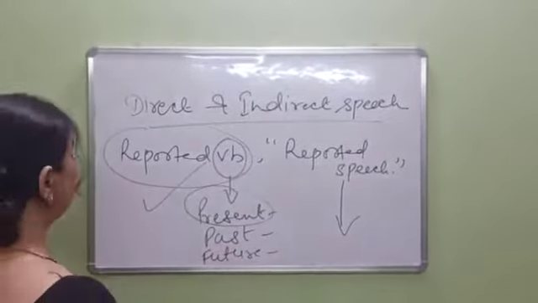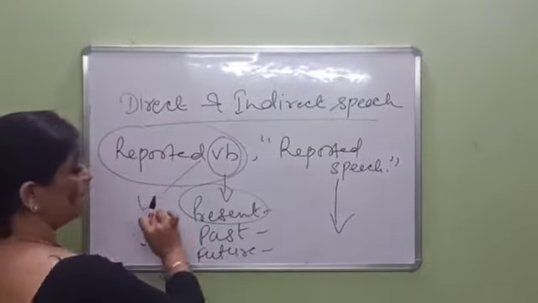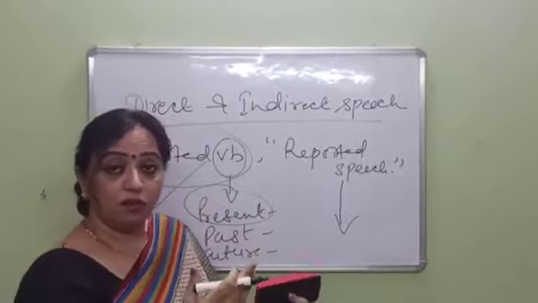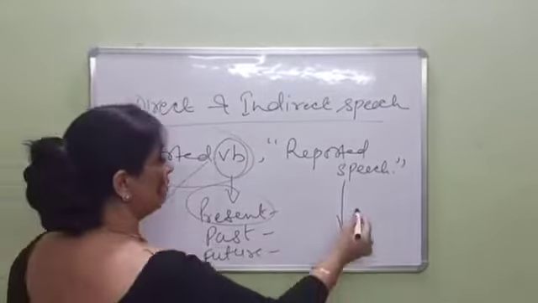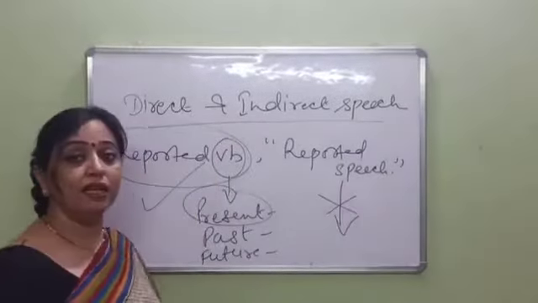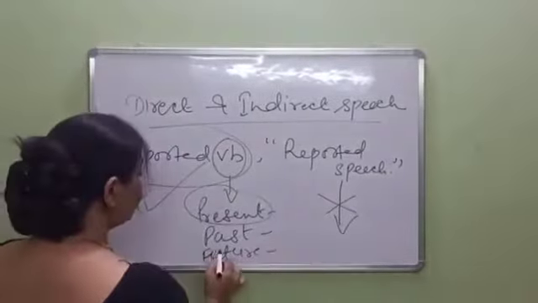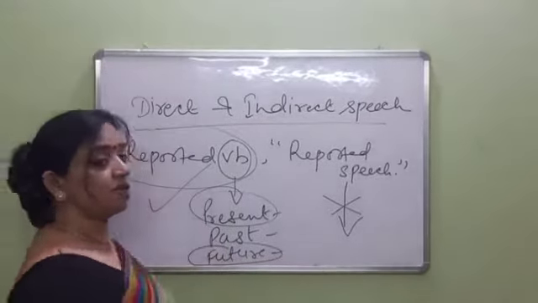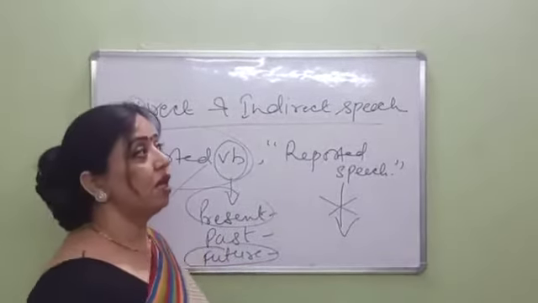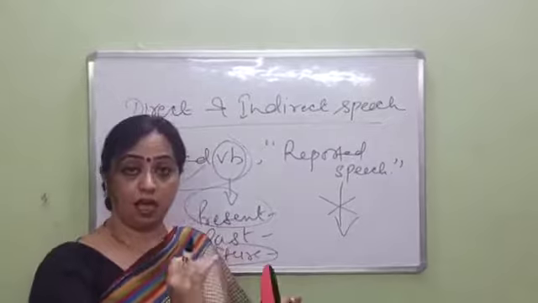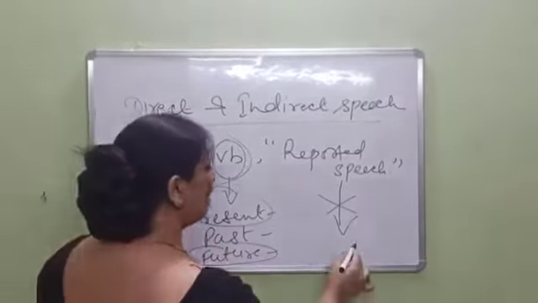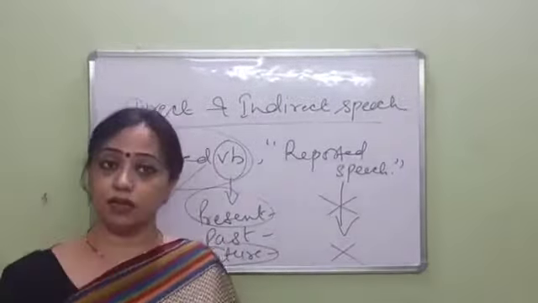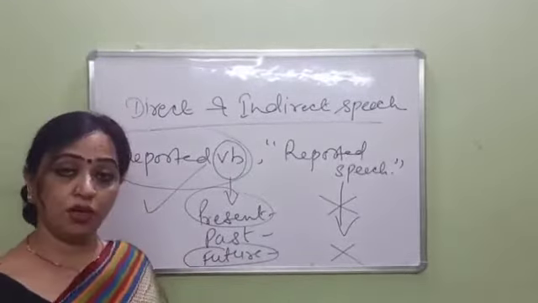Just like you are given the reported verb "he says to her," the verb is in present tense, so there will be no changes in the tense. If the reported verb is in future, like "he will say, I have done my work," again there will be no change in the tense. So when will the changes happen?